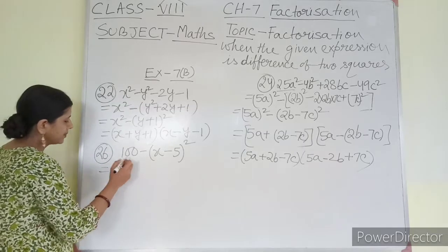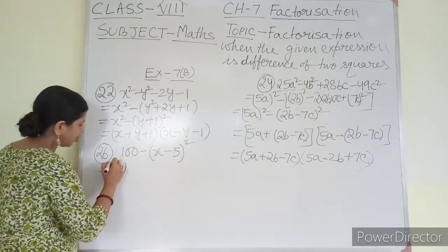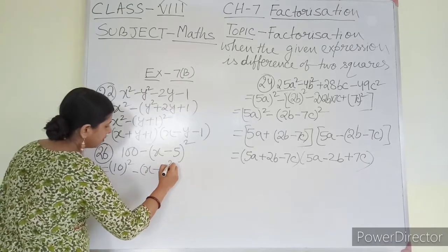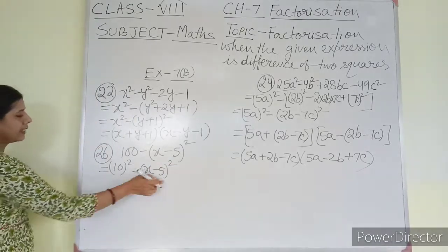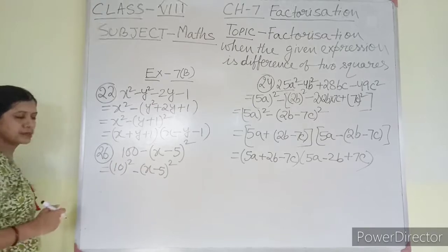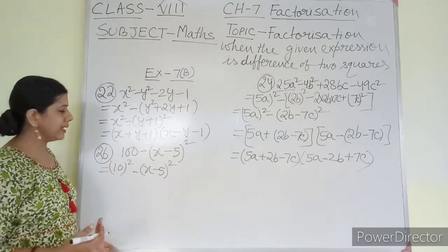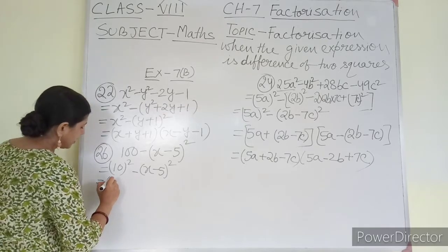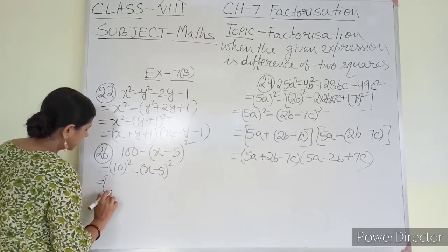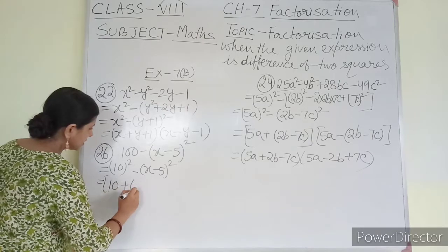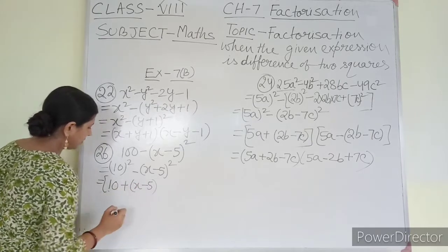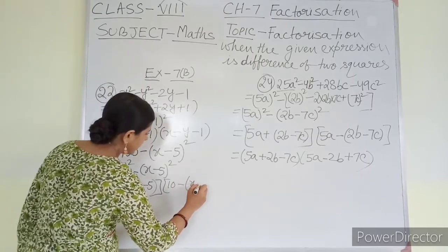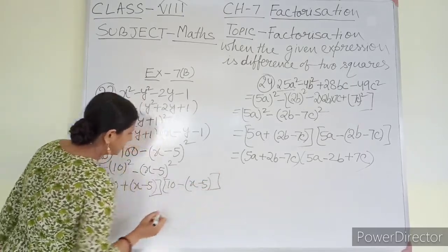Here same way, 100 means 10 whole square minus, as it is, x minus 5 whole square. So this is a and this is b. a square minus b square, that means a plus b and a minus b. So what I am going to get? 10 plus x minus 5, again 10 minus x minus 5.